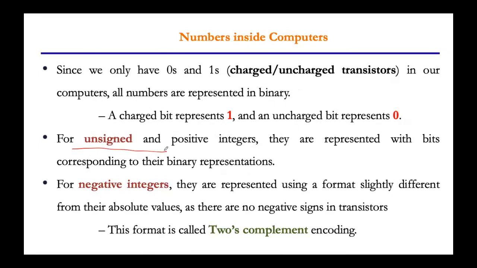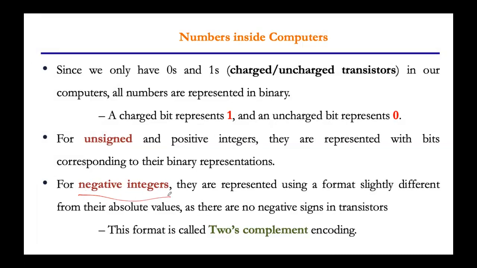For unsigned numbers and positive integers, unsigned means simply that if you write 5 or 5.5 or 6 or 6.6, we are not mentioning any sign here. They are represented with bits corresponding to their binary representation. Suppose 5 is there, I'm not using any plus or minus, just writing 5. So 5's binary value is 101.